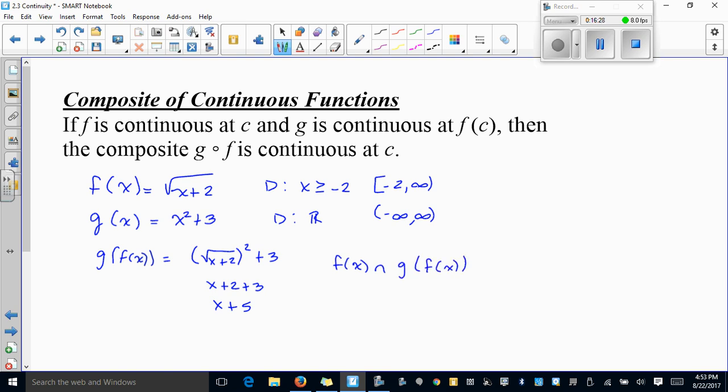This is what they mean by g is continuous at f of c, whatever the c value is. So f of x is from -2 to infinity, and g of x is all real numbers. So even though it looks good, you're only allowed to use these values, because that's the domain of it.